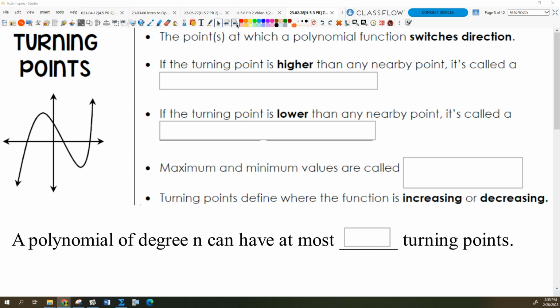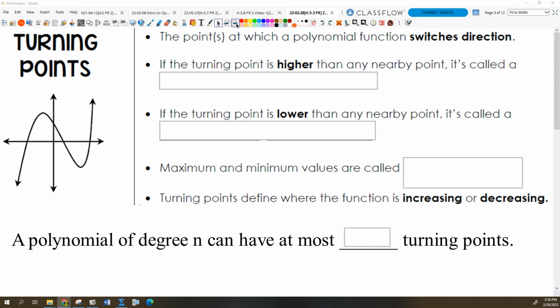In other words, if an ant is walking along the graph of the function in the positive x direction, from left to right, a turning point would be where the ant changes from increasing, meaning walking uphill, to decreasing, walking downhill, like this guy right there, or changes from decreasing, walking downhill, to increasing, walking uphill. Those turning points on a polynomial graph always look like peaks or valleys. It's like the ant is walking over a peak or through the bottom of a valley every time.